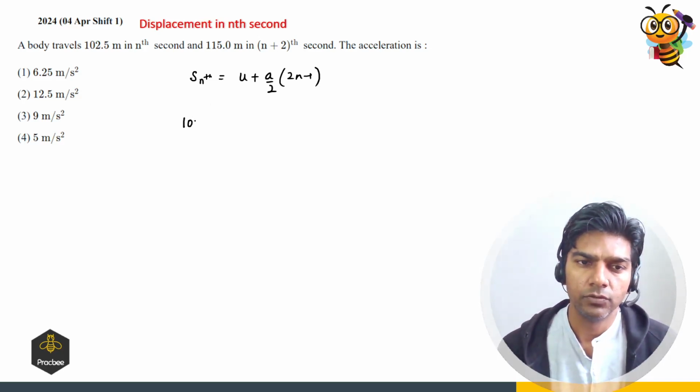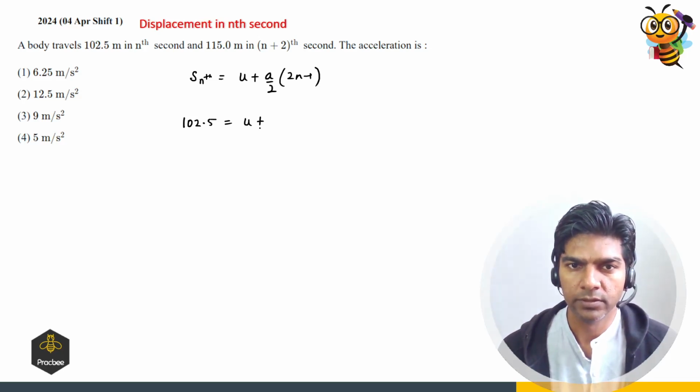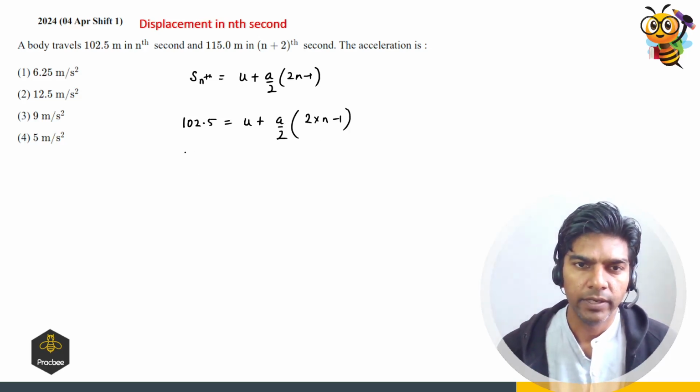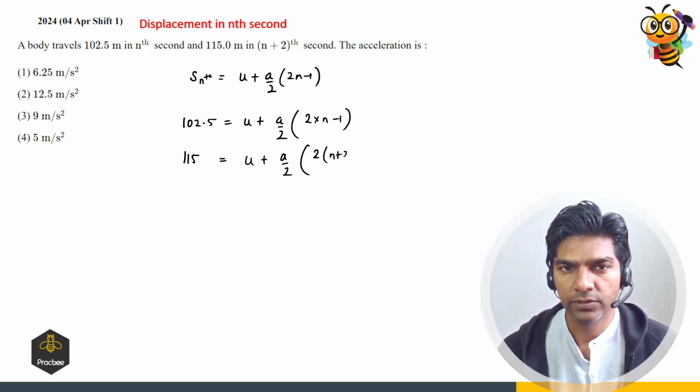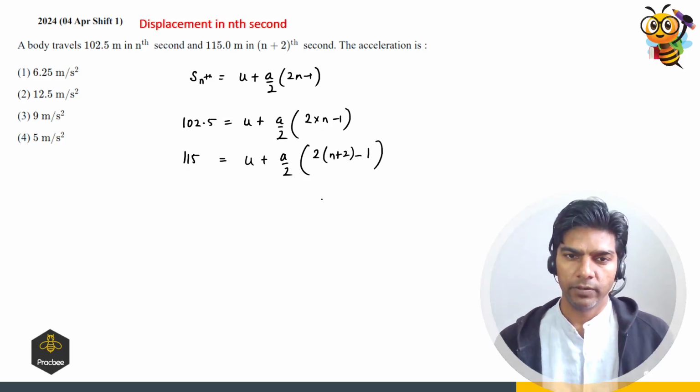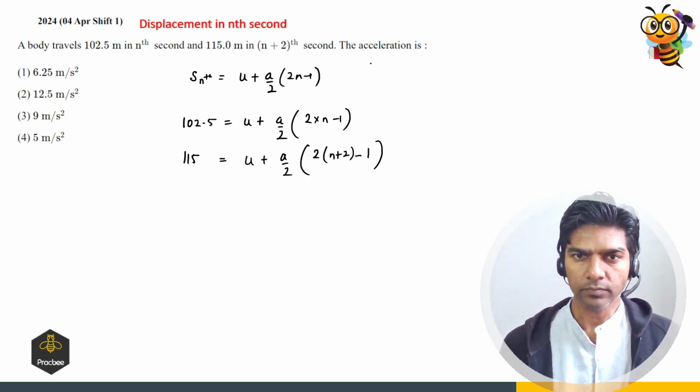So 102.5 is equal to u plus a by 2 times (2n minus 1), and 115 is equal to u plus a by 2 times (2(n plus 2) minus 1), right? And we have to find the acceleration.